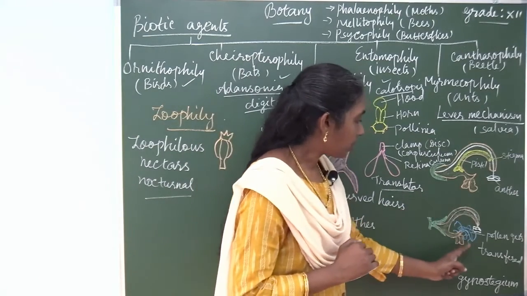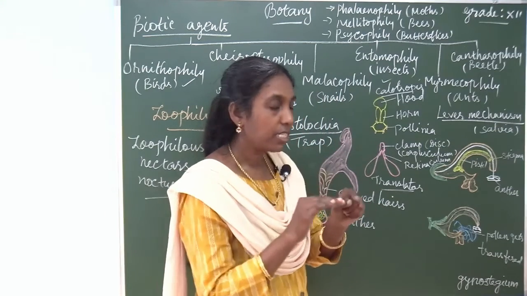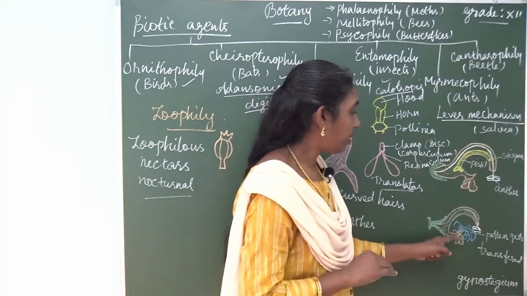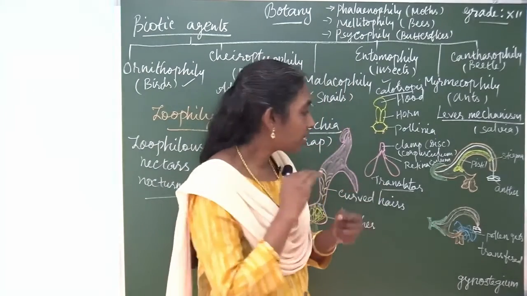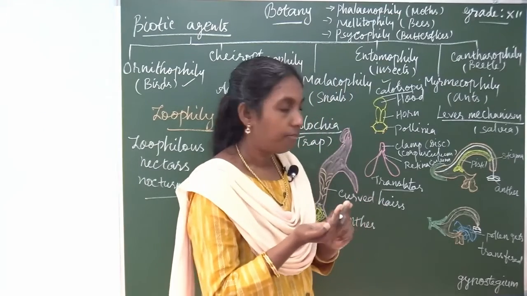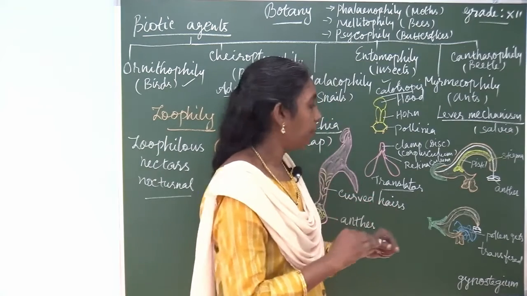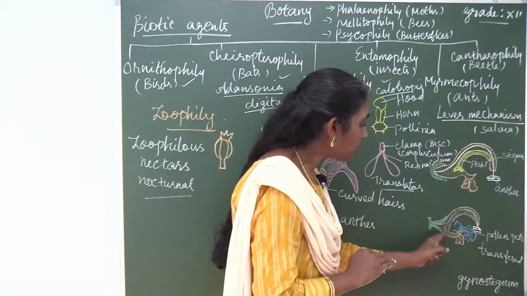See, look at this picture. Here this is the insect. The beetle, when it comes and visits the flower, sits on the lower lobe of the flower petal. In this lobe it sits, and it tries to move inside.